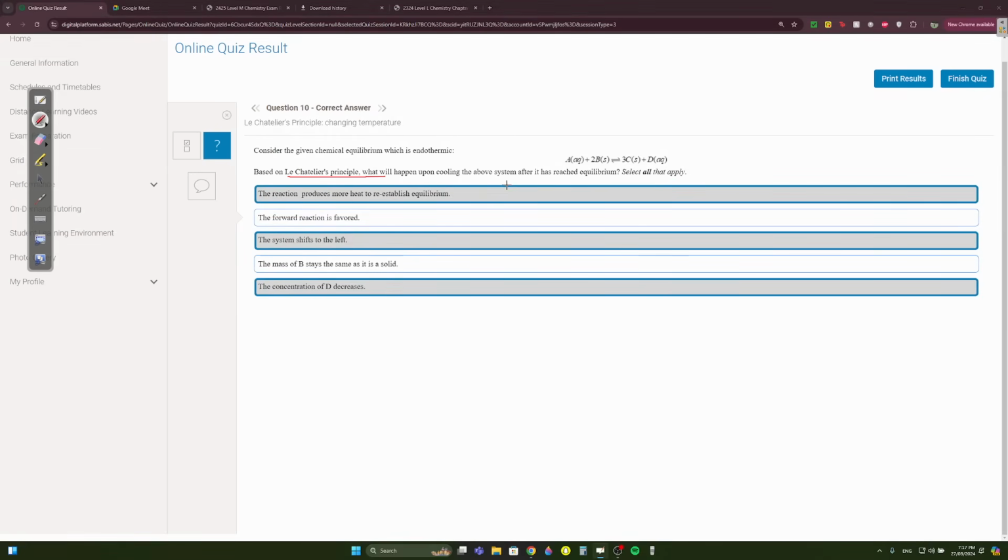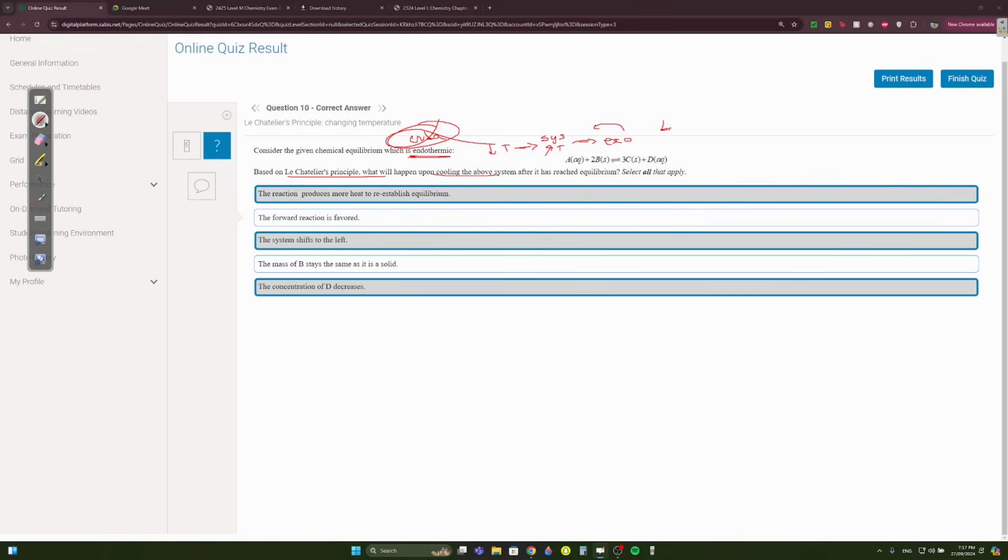Based on Le Chatelier, what will happen upon cooling the above system after it has reached equilibrium? Cooling means decreasing the temperature. They said it's given it's endothermic. Before looking at the choices, if they're cooling the system, the system must increase the temperature. To increase temperature, it's going to go exo. And we know the forward is endo, so surely we're going to go backward.